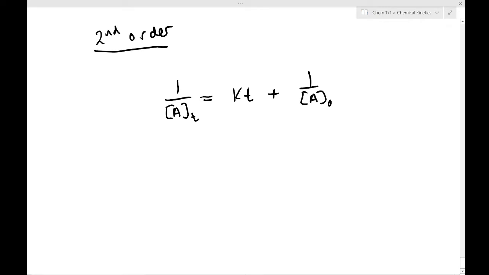Okay, so we have concentration versus time, and we're going to do the same trick. So at t equal t 1/2, [A] is equal to 1/2 a naught. Okay.